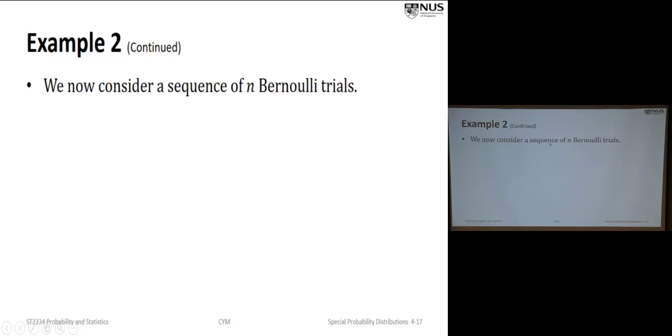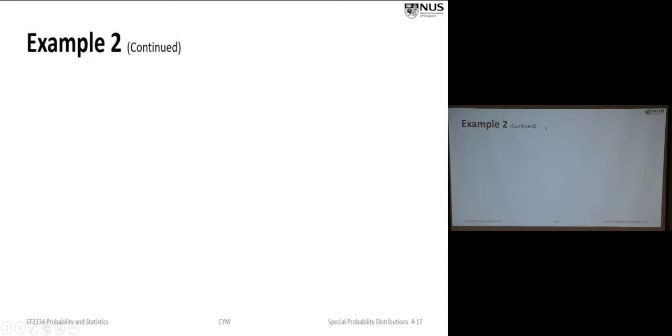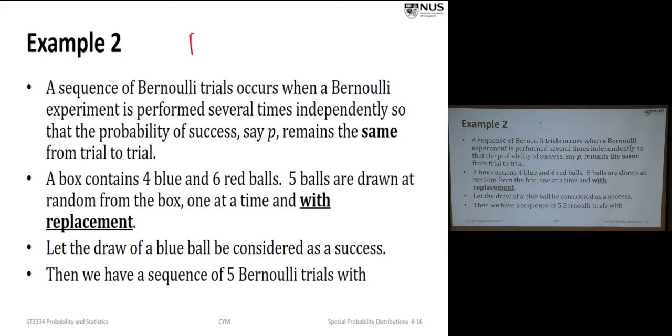All right, so in this example too, we are talking about 5 balls. So we draw 1 ball out of the box, record down the color, let's say blue, and then put it back into the box, and then draw the ball again, so it may be a blue ball again, and put it back.